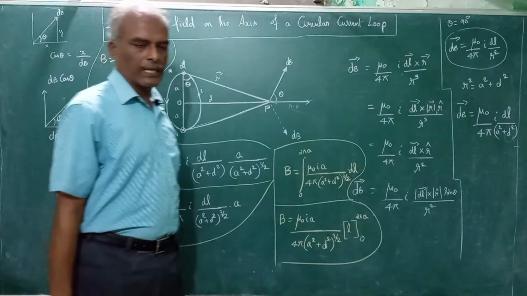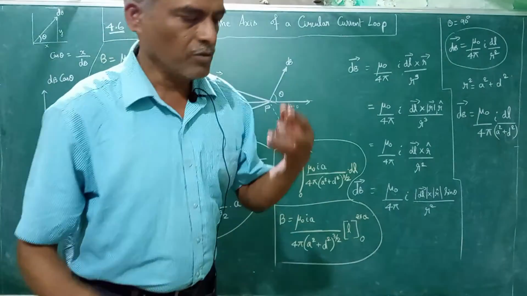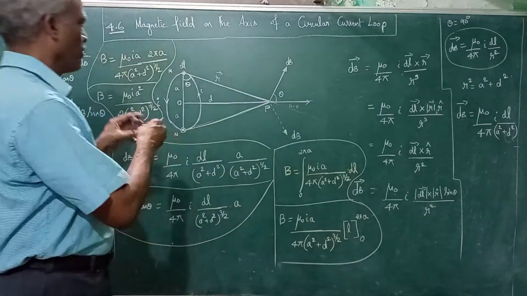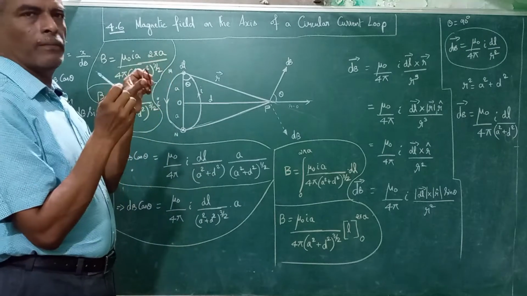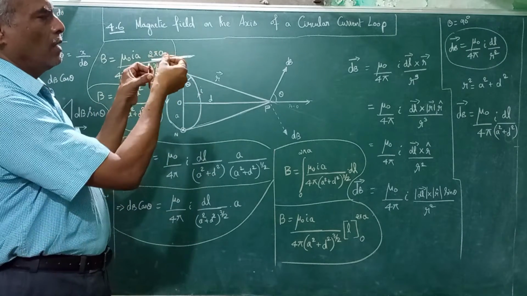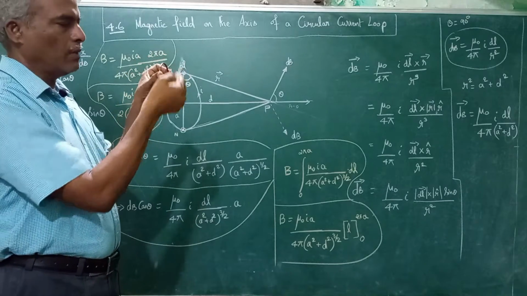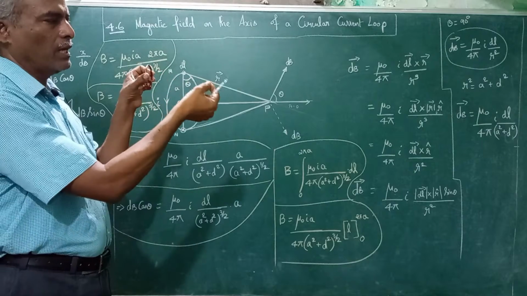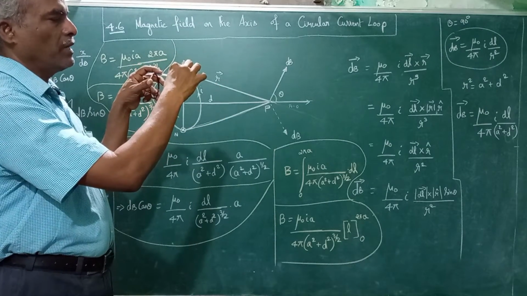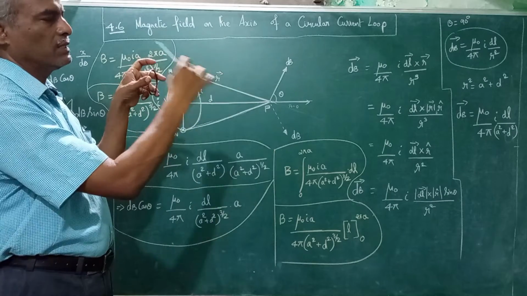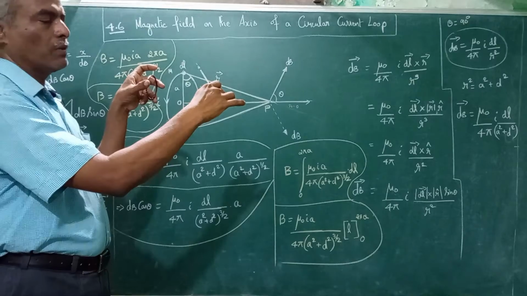To view this diagram, you can assume that this is a circular loop, a conductor, current is flowing, and you consider a top current element I dl, and a bottom element also, and the point is here. The distance between this point M and this point is r, and it is directed towards that point, so it is r vector.